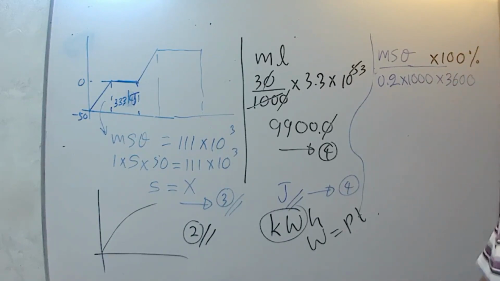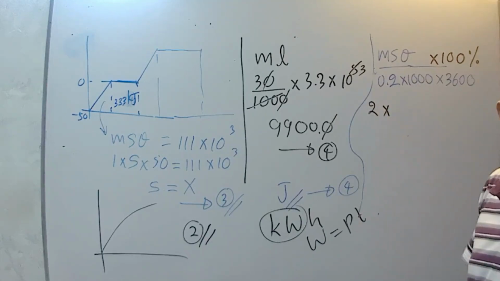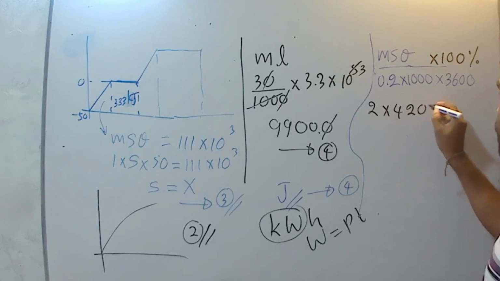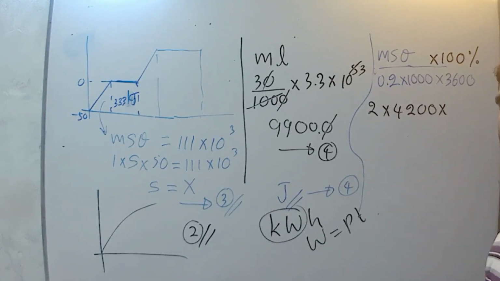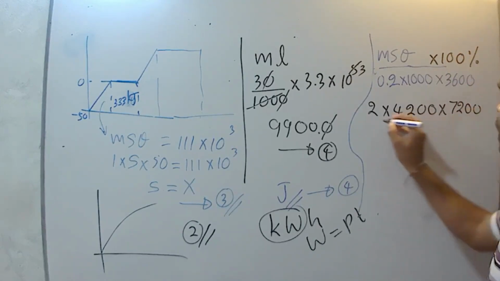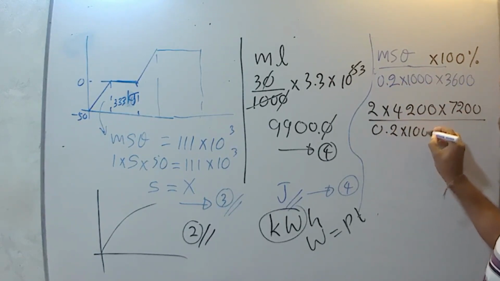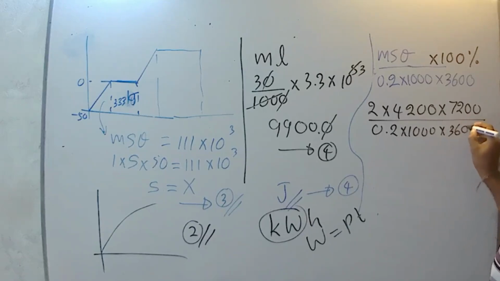Then mass is 2 kilograms. Specific heat capacity of water is 4200. Temperature increase from 28 to 100 is 72. Multiply by 100, divide by 0.2 into 1000 into 3600.